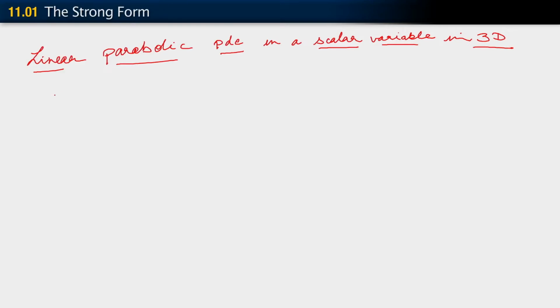Okay, and like I said, the physical problems we are considering here are unsteady heat conduction and mass diffusion in 3D.